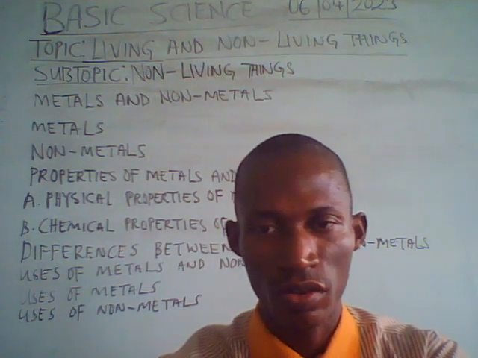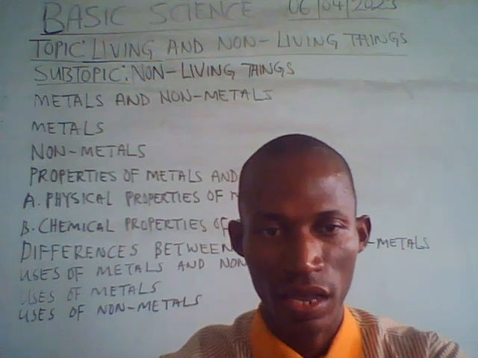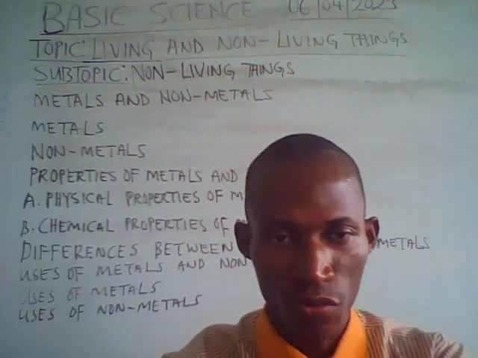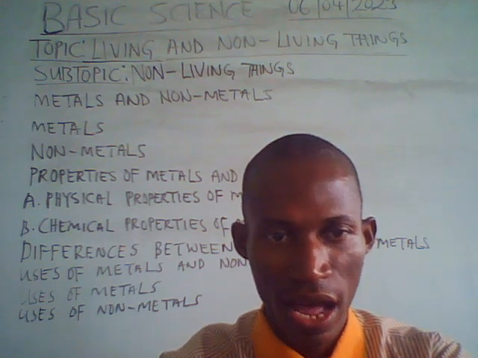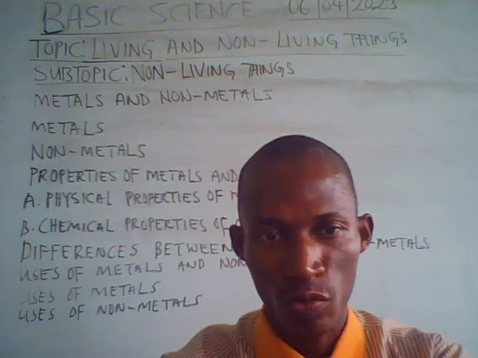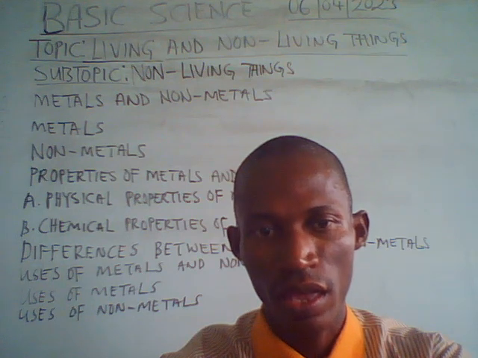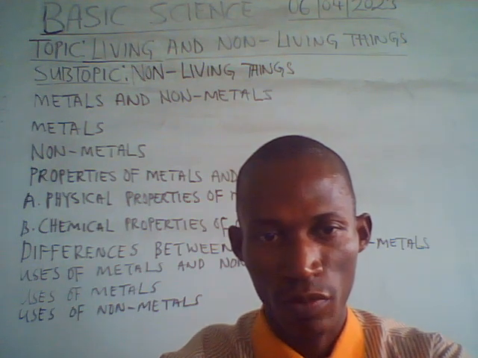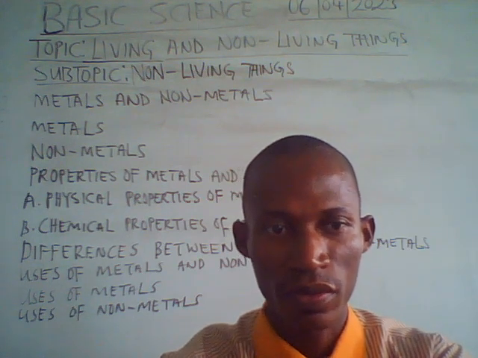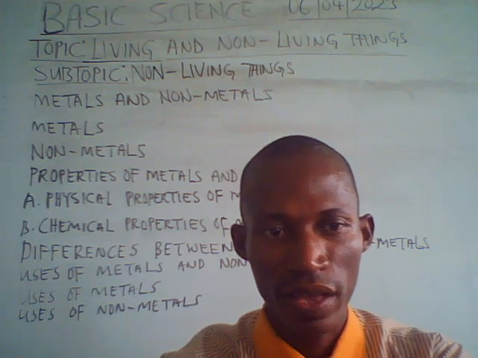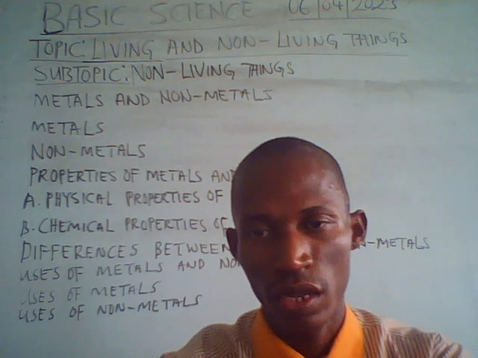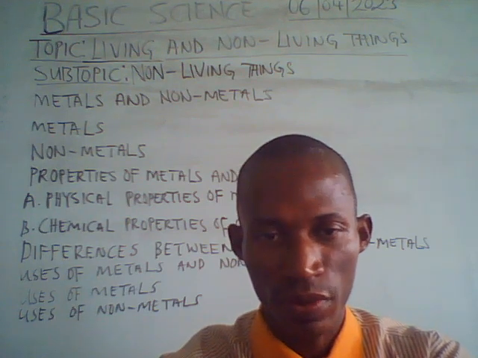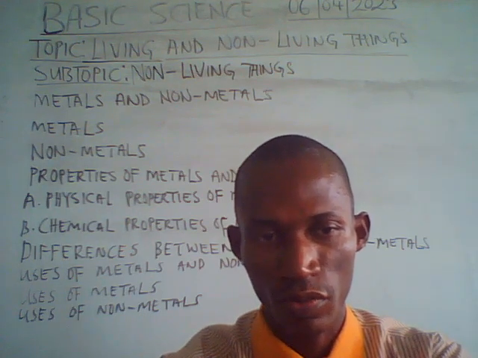So it's not all the metals that adhere to these properties. Metals generally have high melting and boiling points, while non-metals generally have low melting and boiling points. Metals generally have high density while non-metals have low density. All these are properties that distinguish metals from non-metals.